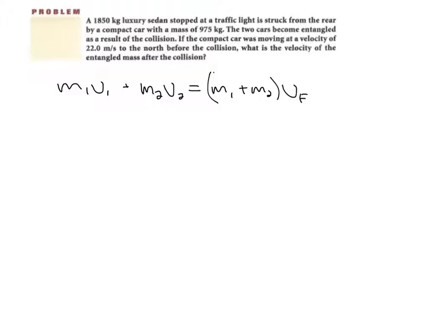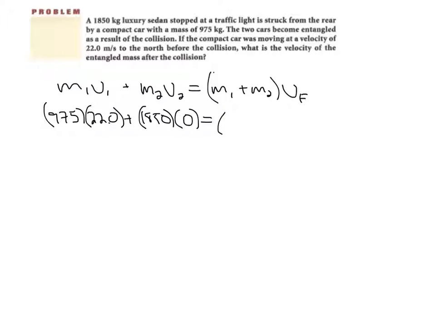We've got the initial momentum of the two cars. We'll make this car 1, the moving car, with a mass of 975 and a velocity of 22.0. The other car has a mass of 1850 times 0, since it had no velocity. We're asked to find the velocity after the collision.